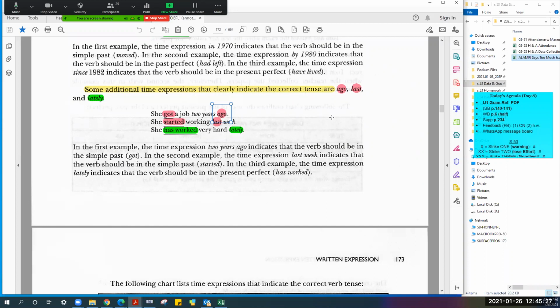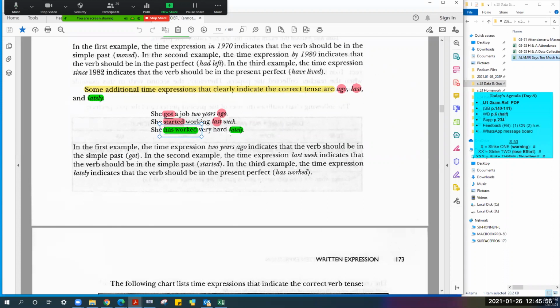Let's see. Abdulaziz Hedji. She started working last week. Once again, if you see this one, I would say it's almost 100% past tense. Yeah, 100% in the past. Okay, Abdul Majid, next.